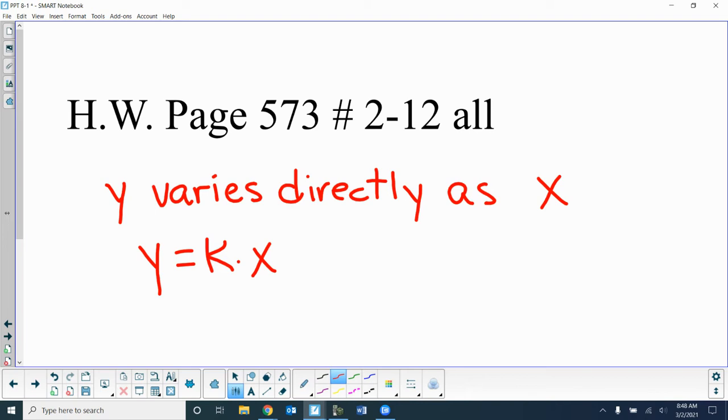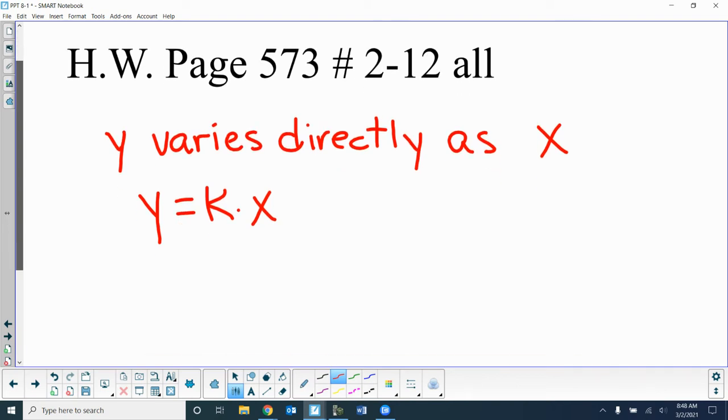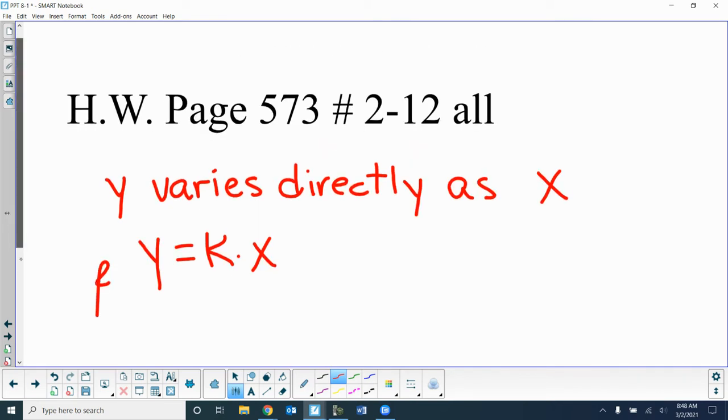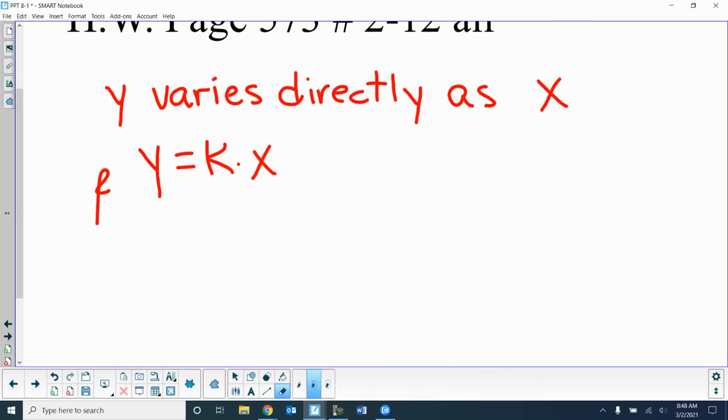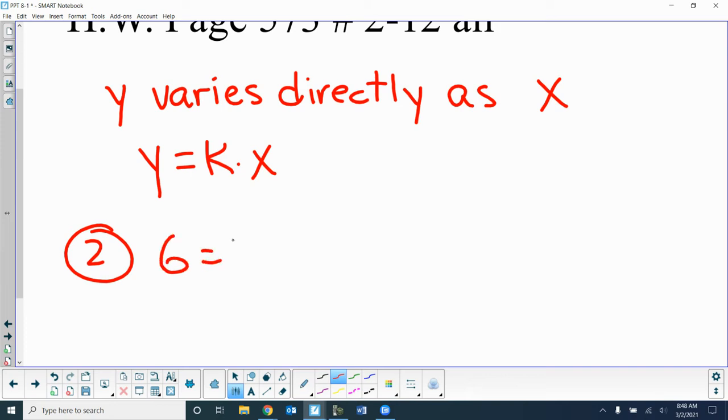And then number 2 said this. It said y equals 6 when x is 3. So I put 6 in for y and 3 in for x. And then you solve for k. Divide by 3.